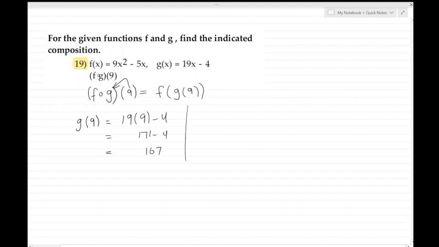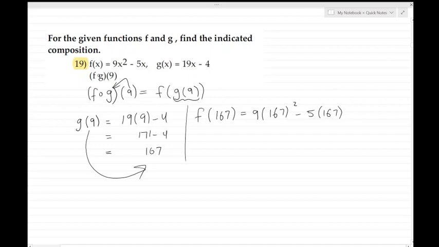Then whatever that is, we are going to plug it into the function f, and then we have 9 times 167 squared minus 5 times 167.